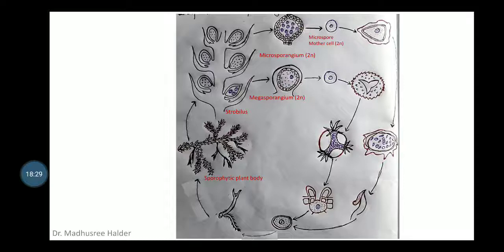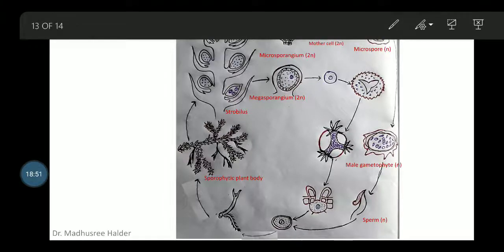Microsporangium produces microspore mother cells, which are also diploid, from which microspores are produced by meiosis division and the chromosome number is n. From microspores, male gametophytes are produced, and male gametophytes produce sperm.